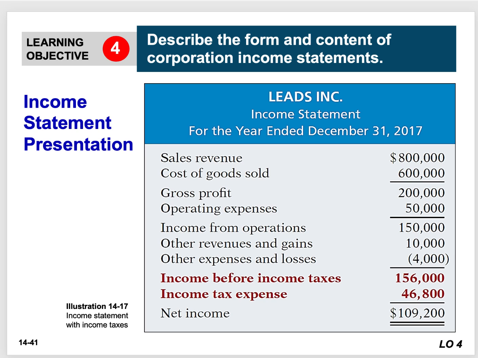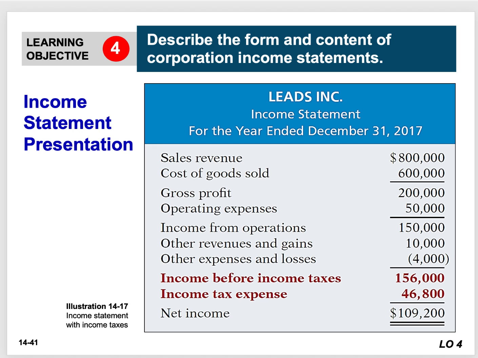So the fact that we have an income tax expense basically informs the investor, hey, here's what we had to pay in income tax based on our sales revenue, based off of our earnings. Okay, so there's really not much difference, right?